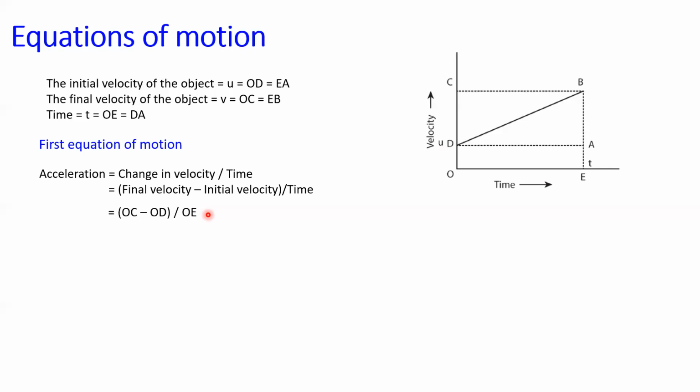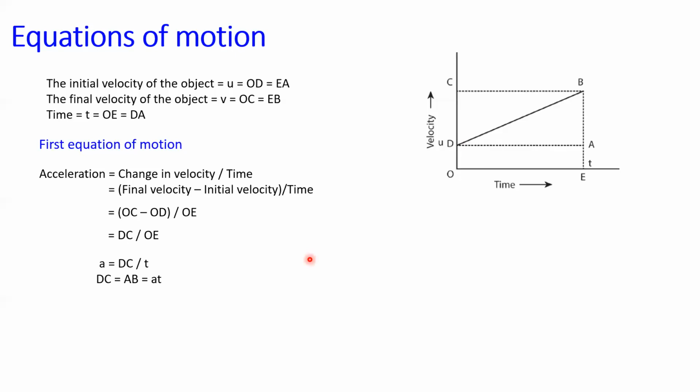The final velocity may be given by OC and the initial velocity is given by OD and the time is going to be given by OE. So final velocity OC minus OD: from the graph, when you see, OC minus OD may be given by DC, divided by OE. Then OE we know already it is going to be t.